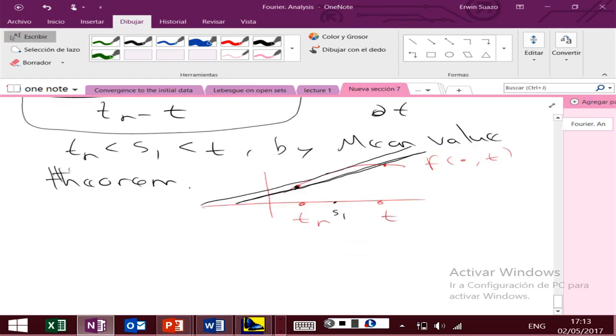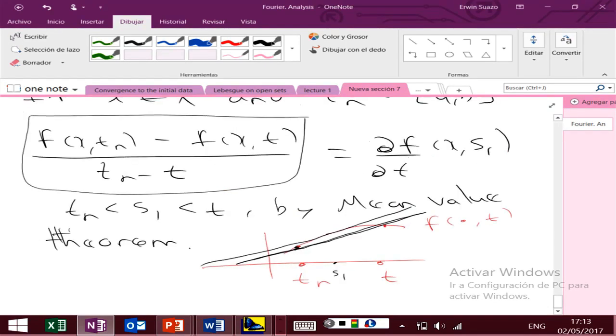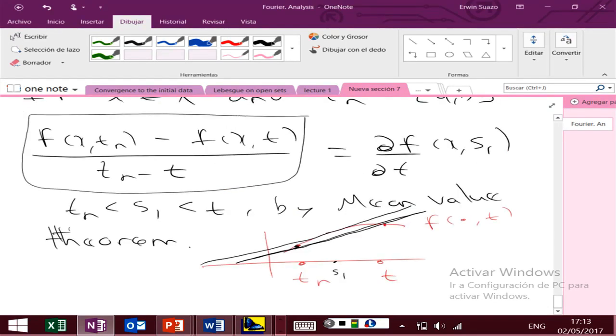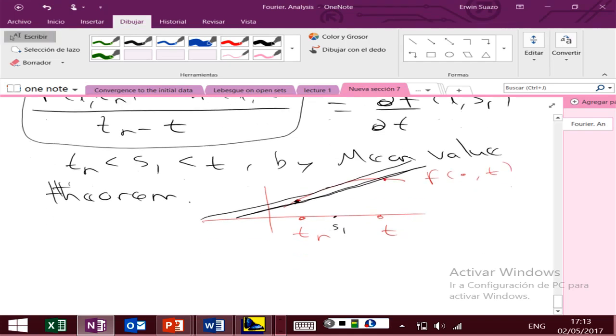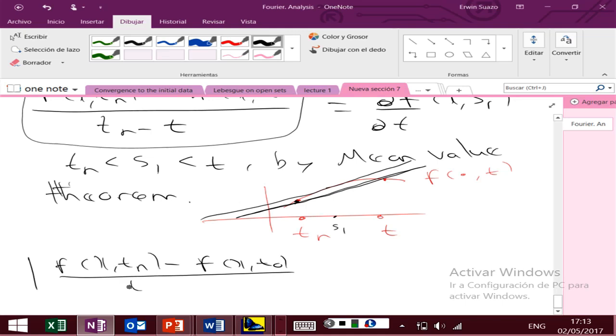So by the mean value theorem you have that, and therefore we take absolute values everywhere. We take the absolute value of f of x, t sub n minus f of x, t sub 0, over t sub n minus t sub 0, and this is equal to the partial derivative of f with respect to t of x, s1.